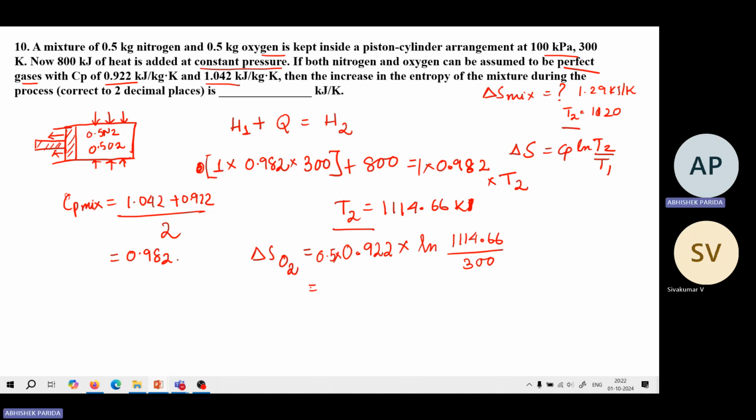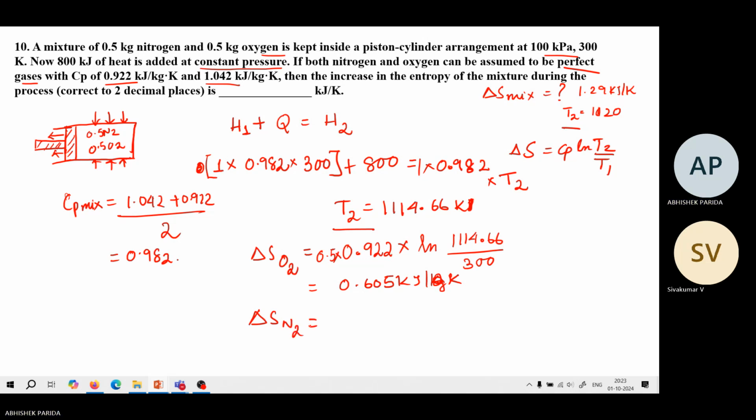So 0.5 into 0.922 into ln gives 0.605, delta S in kilojoule per Kelvin, not per kg.